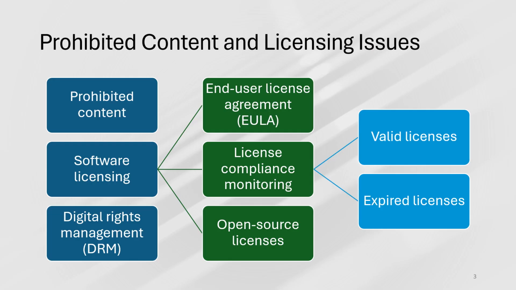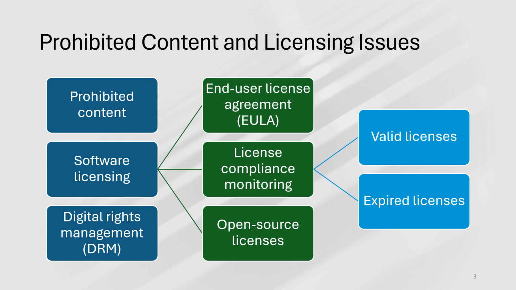Prohibited content and licensing issues. Here's a breakdown of why monitoring software and digital rights management, or DRM, licenses is crucial, along with the dangers posed by shadow IT. Importance.